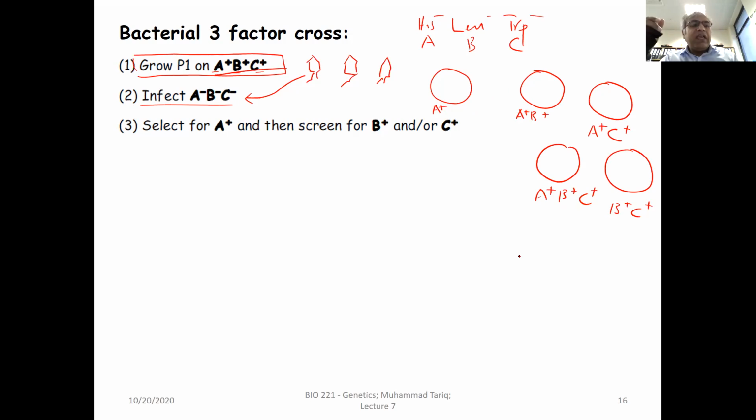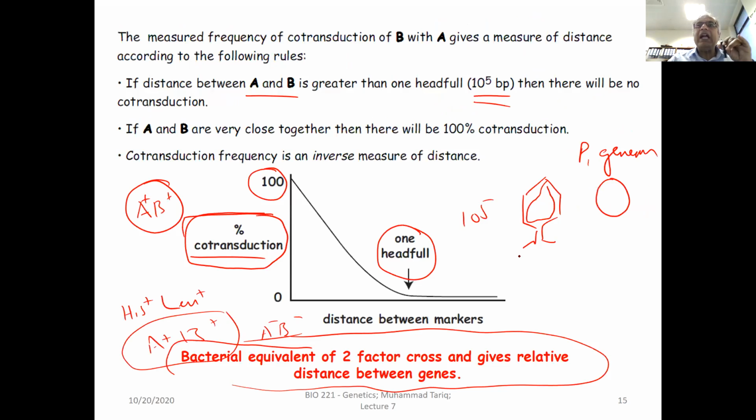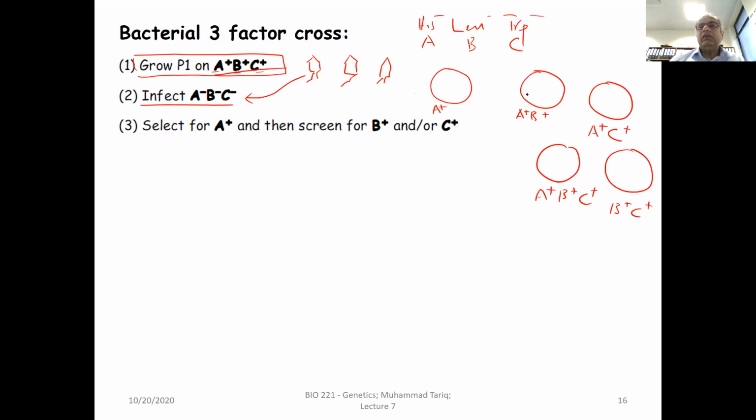Now, if A, B, and C are less than one headful distance, which is 10 to the power 5, we will find A plus B plus C plus co-transduced always.